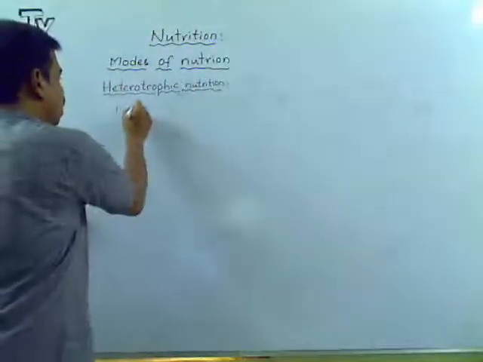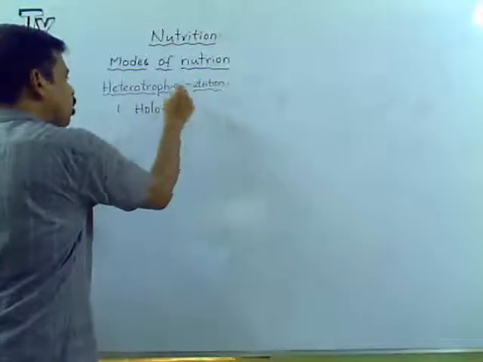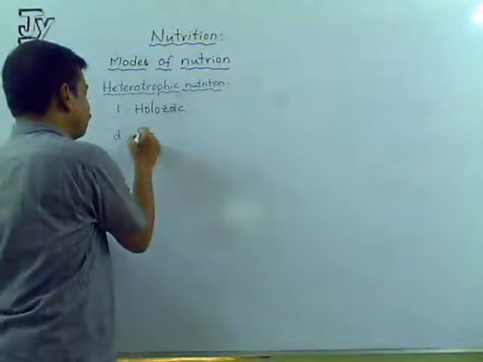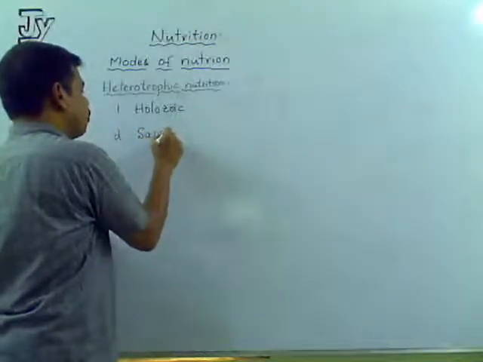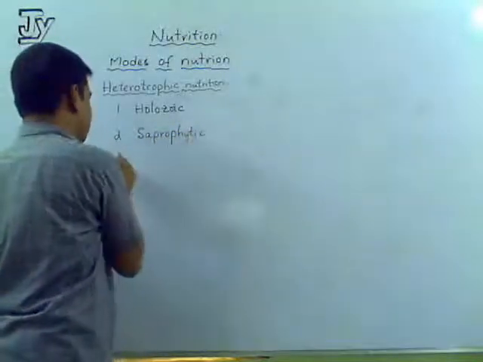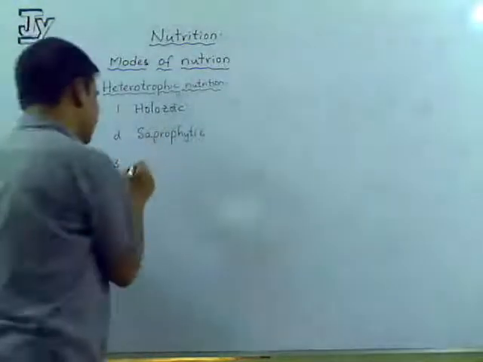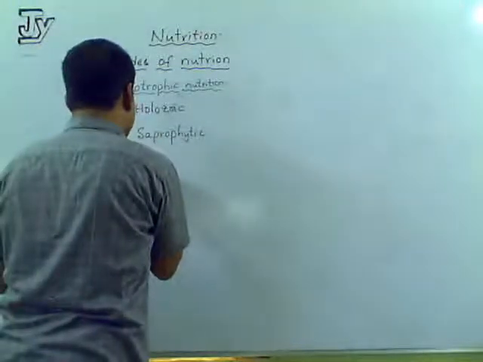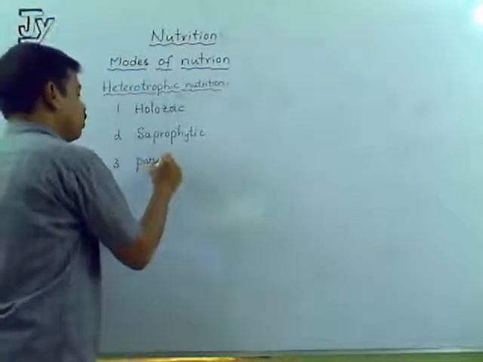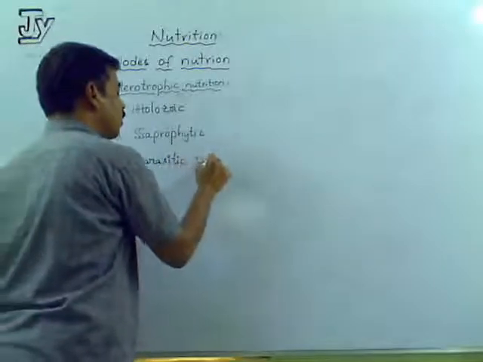Based upon this, heterotrophic nutrition is of mainly three types. One is holozoic nutrition, the second one is saprophytic nutrition, and the third one is parasitic nutrition.